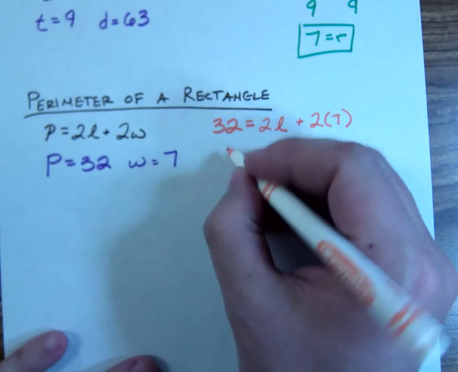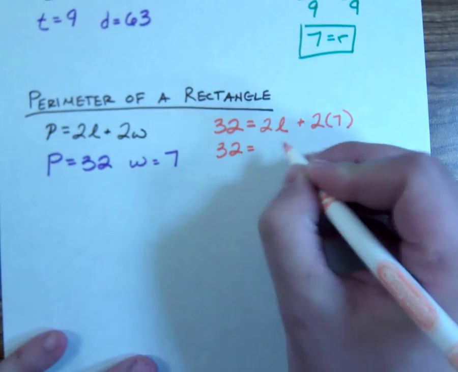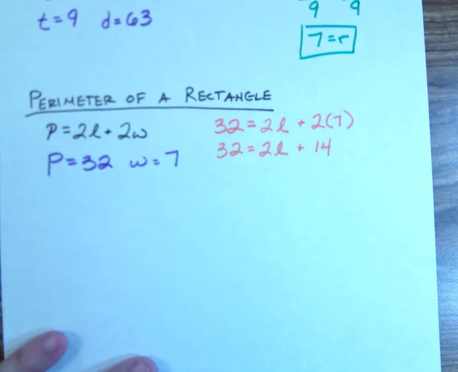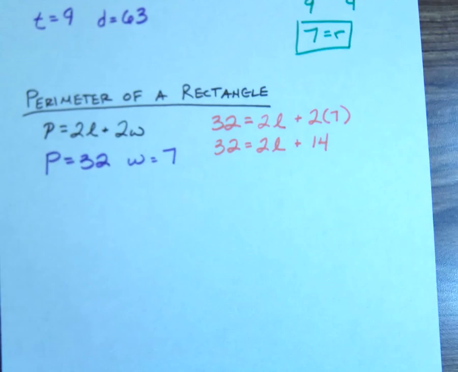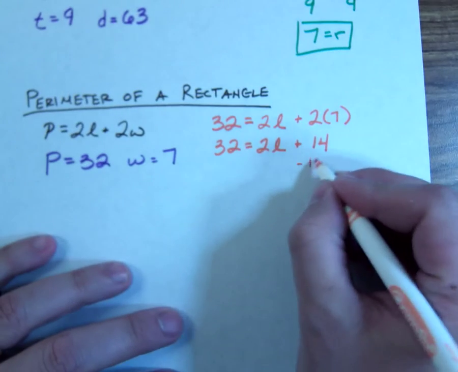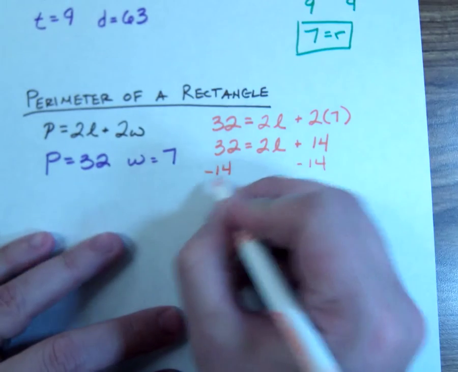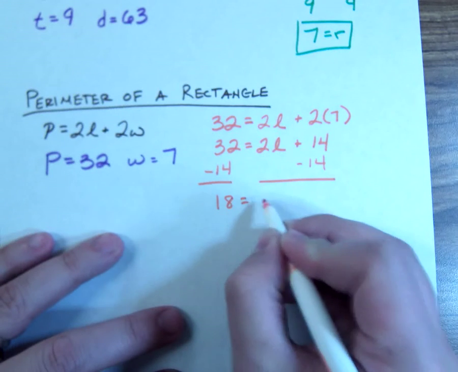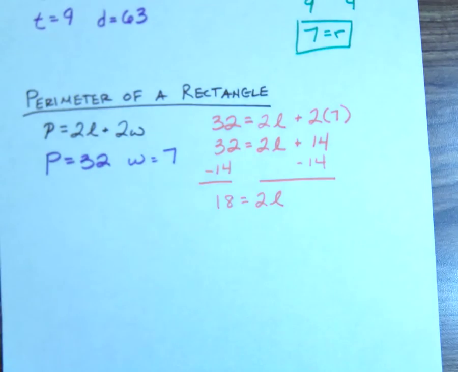Do 2 times 7 first, that seems good. That would be 14. Minus 14 from both sides. That seems like a good idea. That's going to give me 18 equals 2L.